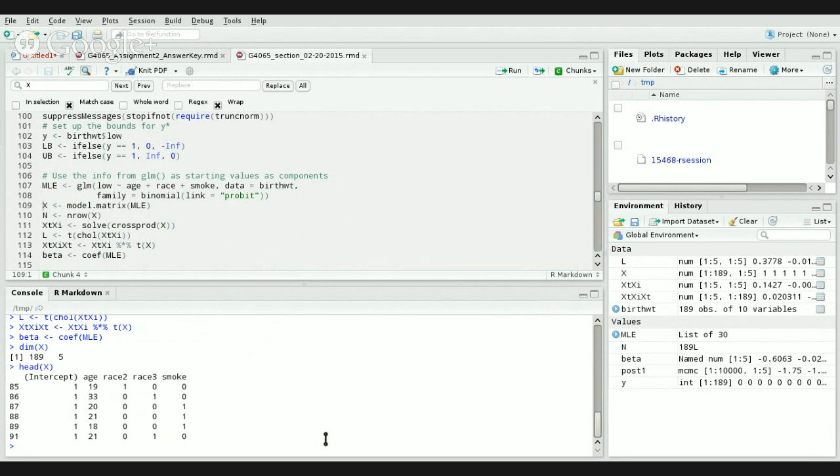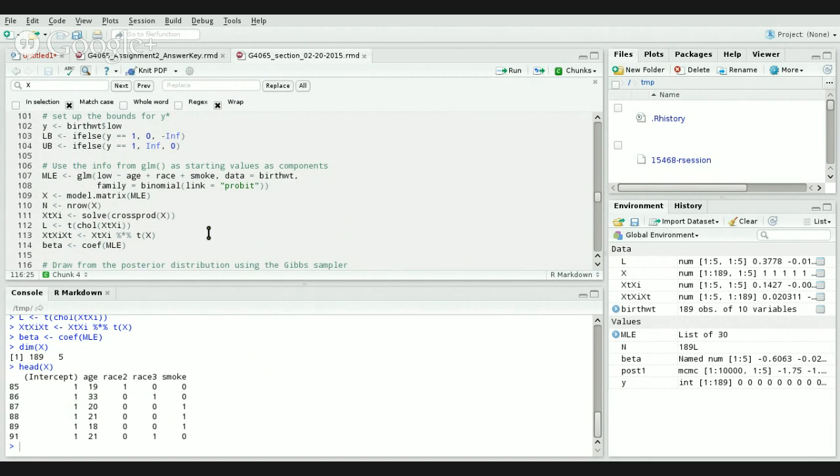It has a column for the intercept first, and then the age of the mother at the time the kid was born, 2 race categories, and whether she smoked during pregnancy. And then other things are just functions of X that we can calculate once so that we don't have to keep recalculating them during the Gibbs sampler. And finally, we're going to use the maximum likelihood estimates for beta as our starting values for the Gibbs sampler.